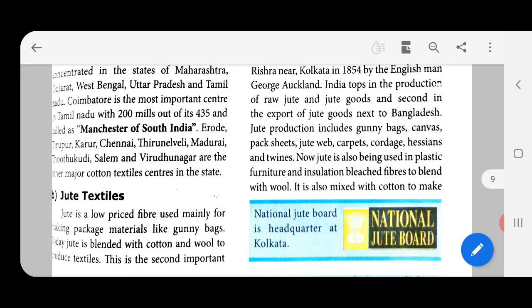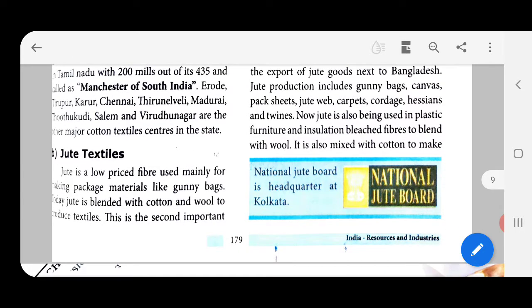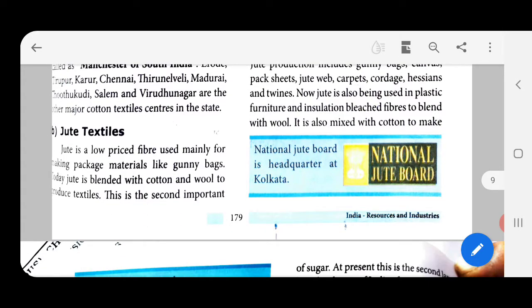So Mumbai is the Manchester of India, whereas Coimbatore, which has got 200 cotton mills, is called the Manchester of South India. Erode, Tirupur, Karur, Chennai, Tirunelveli, Madurai, Thoothukudi, Salem and Virudhunagar are the major cotton textile centers in the state. So these are the other places where we find cotton textile industry.